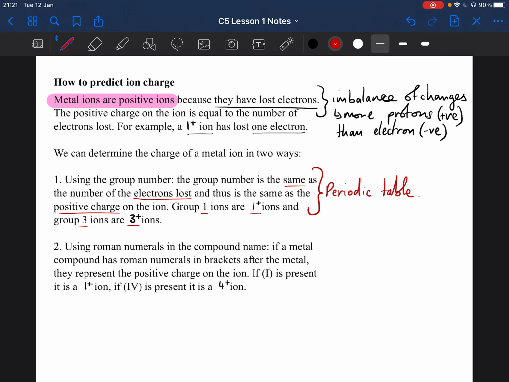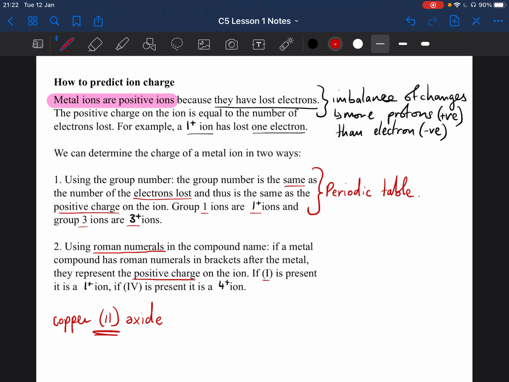The second method that we can use for working out the charge of a metal ion is using Roman numerals. A lot of the time you will see a chemical written something like copper(II) oxide. That Roman numeral actually tells you the charge on the positive ion.